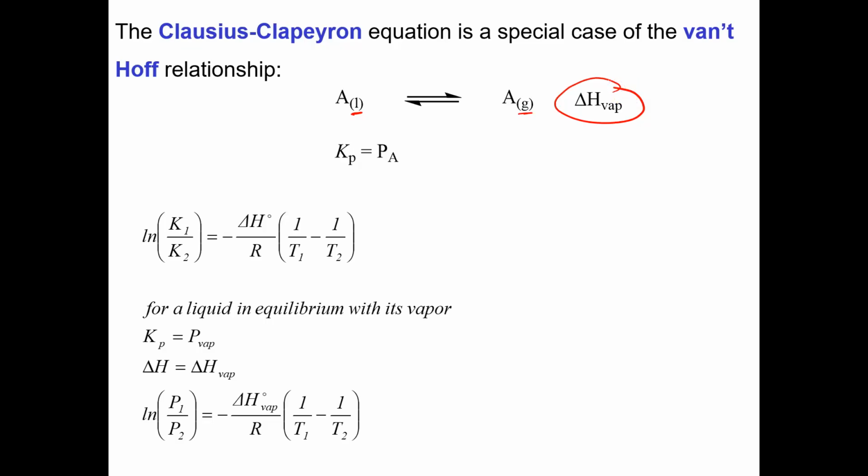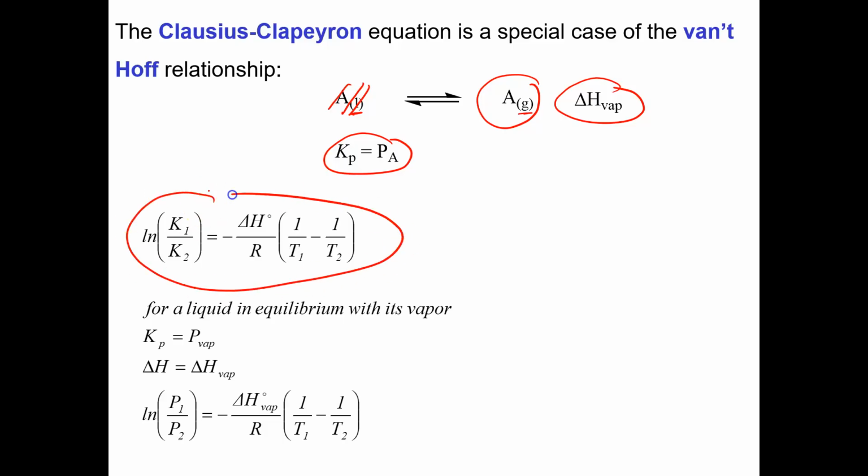The enthalpy change for that reaction is equal to the enthalpy of vaporization, and the K for this reaction is just equal to the partial pressure of our vapor, because we don't include liquid terms in our expressions for K and Q. So in this case, our Van't Hoff equation, log K1 on K2 equals minus delta H on R multiplied by 1 on T1 minus 1 on T2, simply becomes log of P1 on P2, because K is just equal to our vapor pressure.